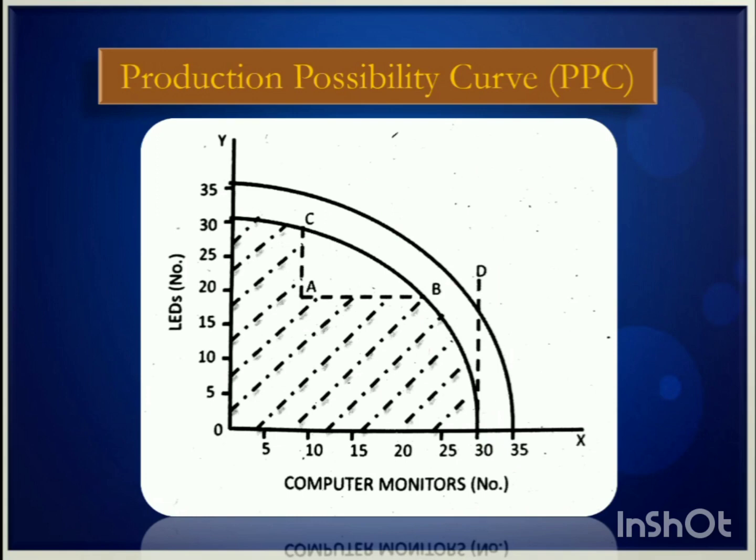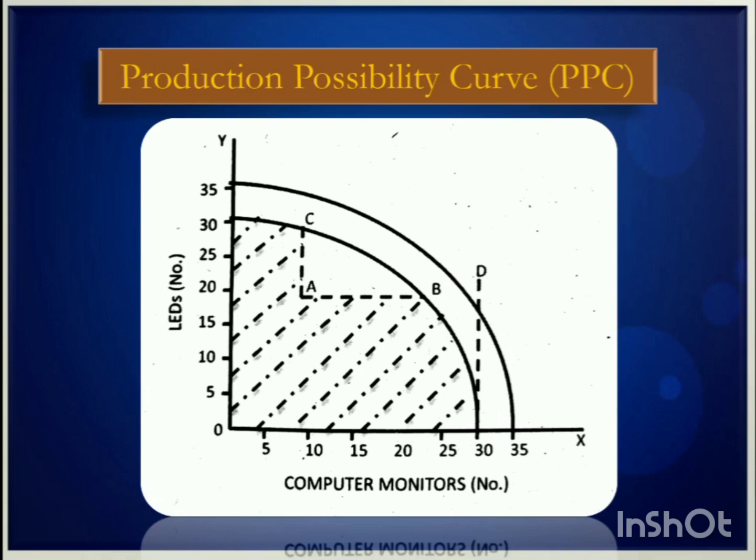Thus, consider point A, which represents a combination of 10 tons of M and 20 L. The PPC, however, shows that with this much of M, the economy can produce 27 L, as shown by point C on PPC.